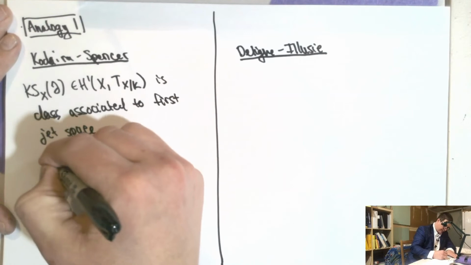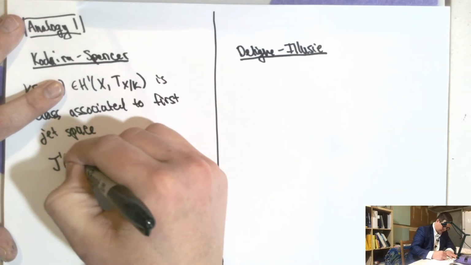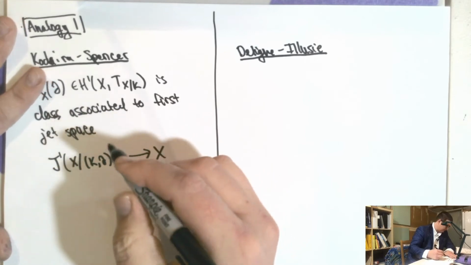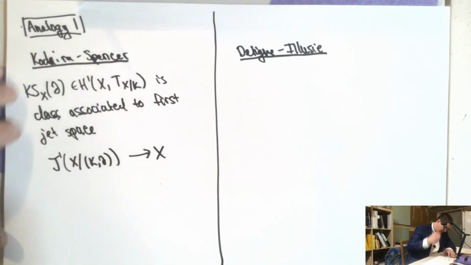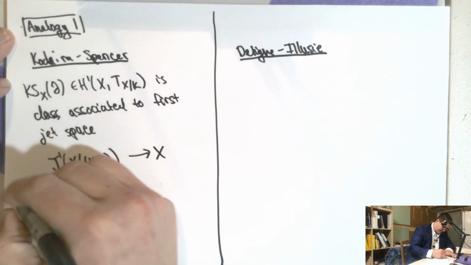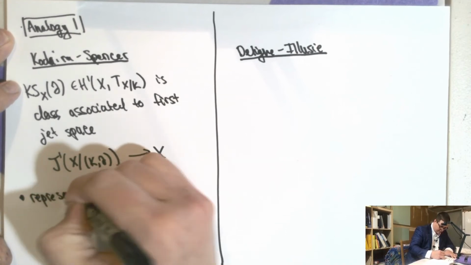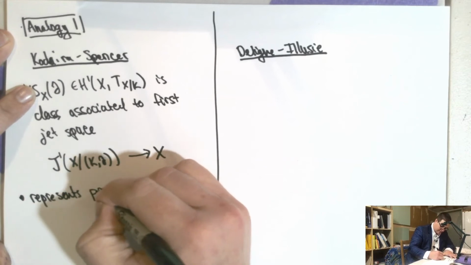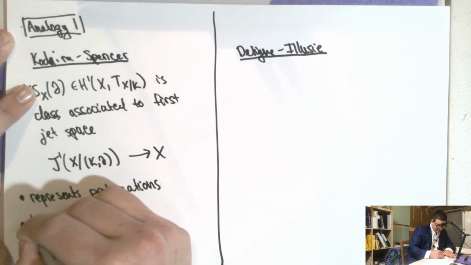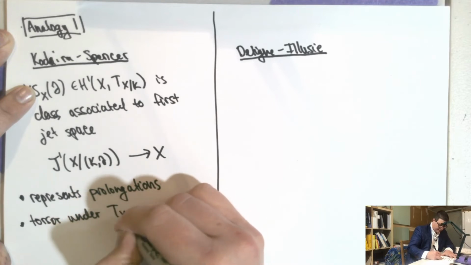So there's a torsor. This is the first jet space, and this thing represents prolongations. And as we saw, it's a torsor under the K-linear derivations.